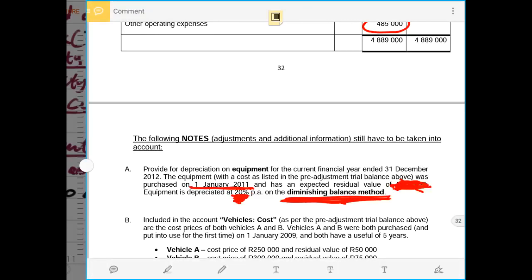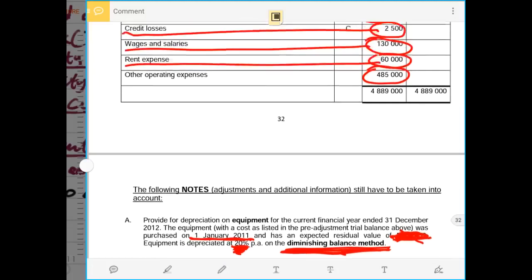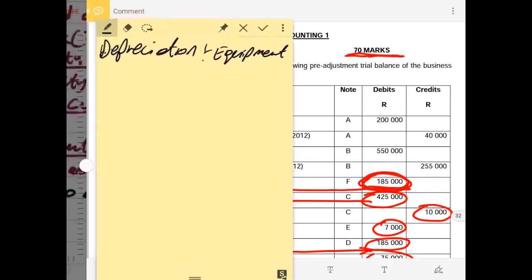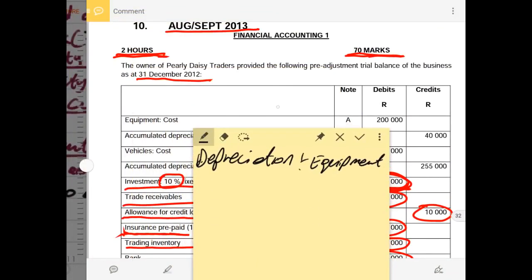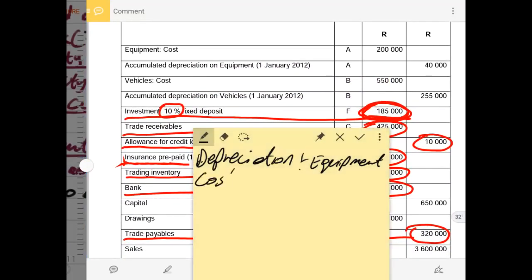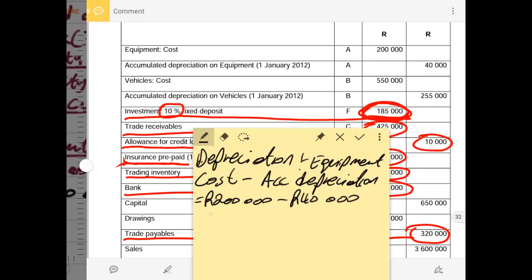So now we know that it is 20%. Let us go to the trial balance and check how much is the cost and how much is the accumulated depreciation for our equipment. The cost of the equipment is given as 200,000 rands, and the accumulated depreciation is given as 40,000 rands.